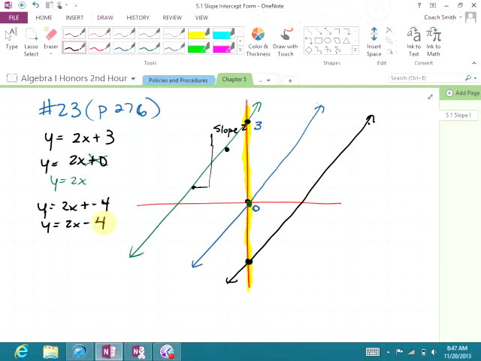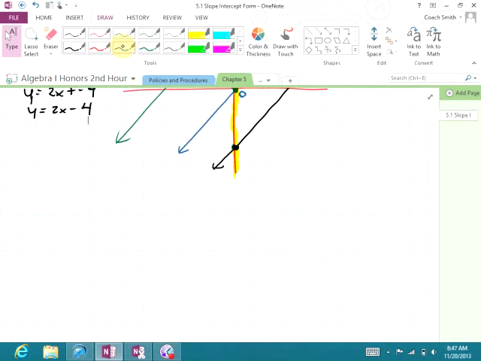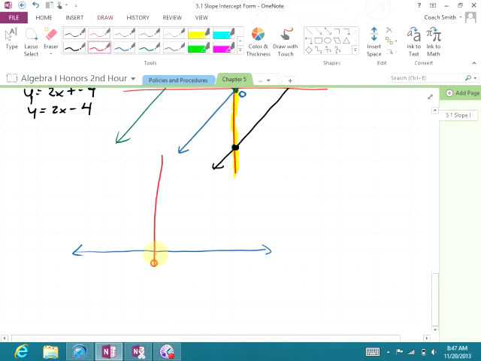Now, remember, when you have a horizontal line, let's say that's our horizontal line, and here's our X and Y axis.